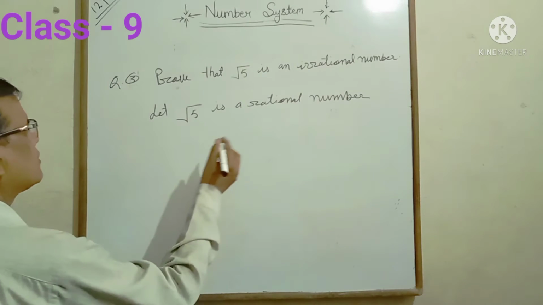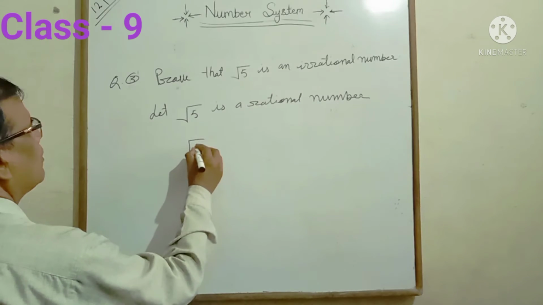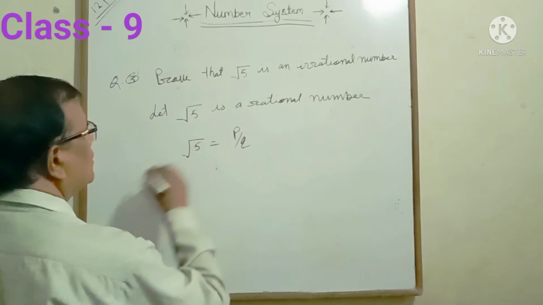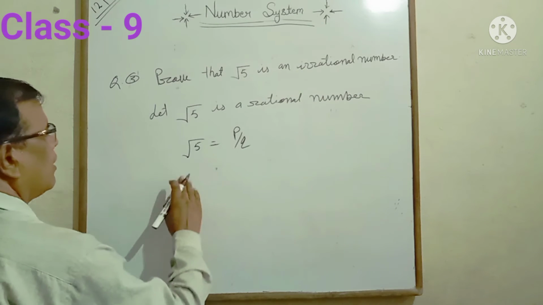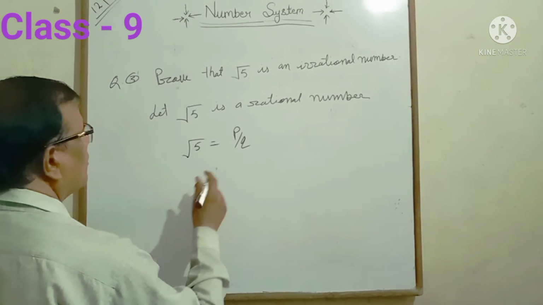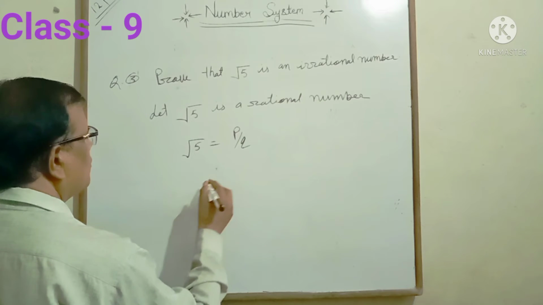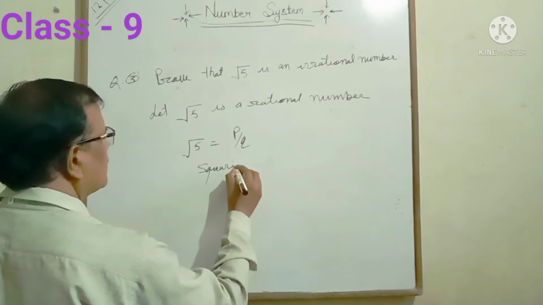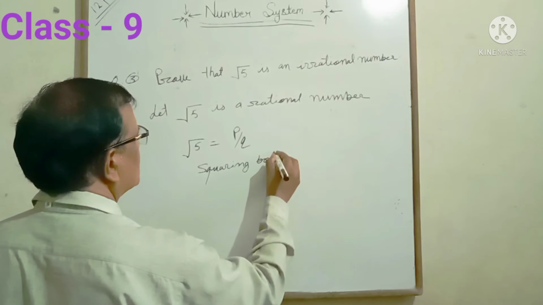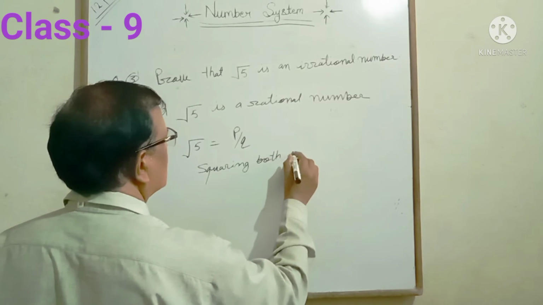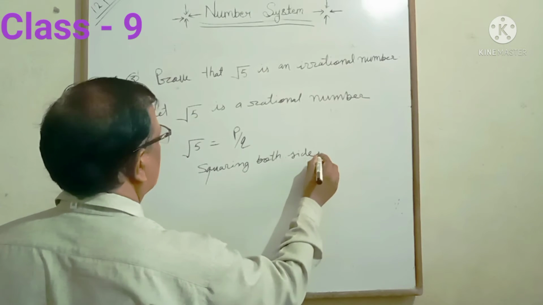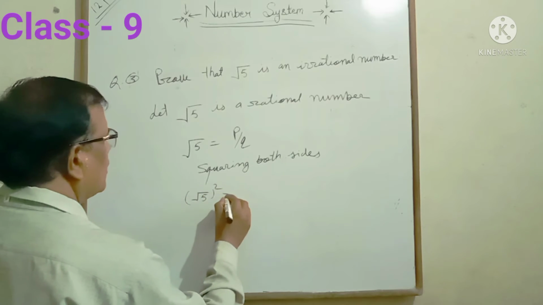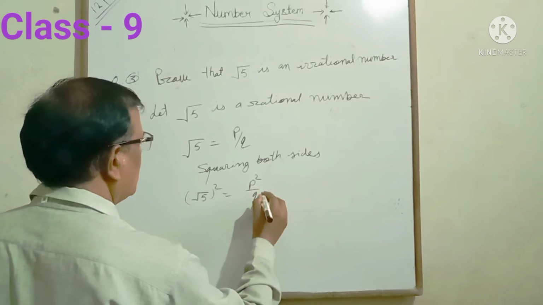We can write it in the form p by q, where there is no common factor, and q is not 0. Then squaring both sides, we get root 5 whole square equal to p square by q square.